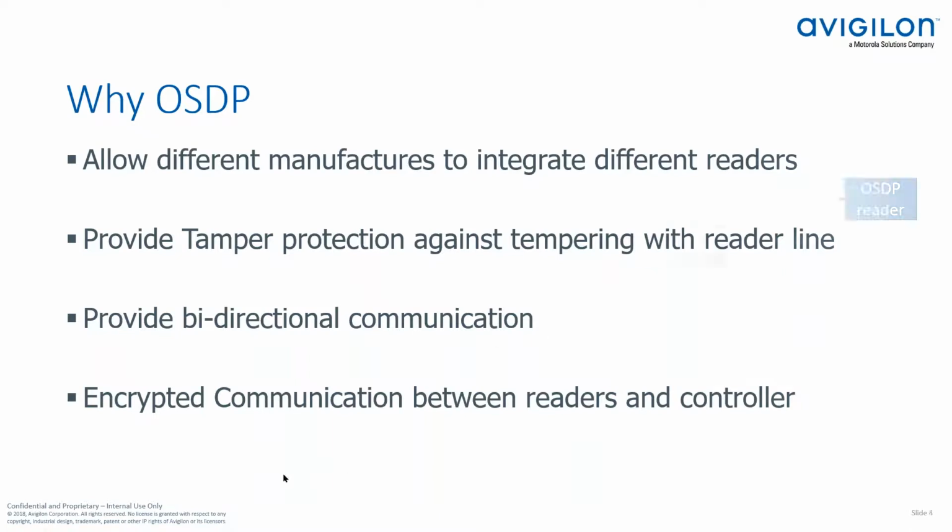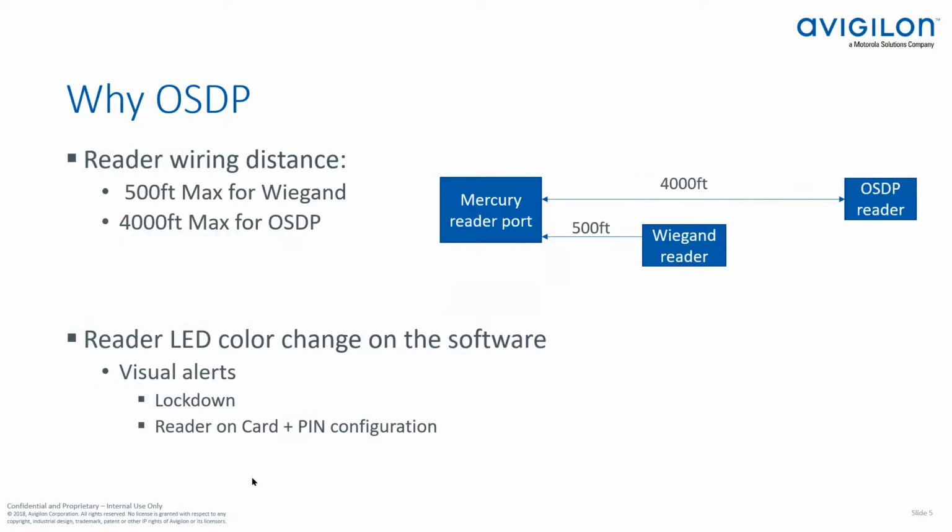Next, I think one of the best arguments for using OSDP today is reader distance. With Wiegand, you can do a maximum of 500 feet between the reader itself and the reader port, so that wire can have a maximum of 500 feet. With OSDP, you can go up to 4,000 feet.